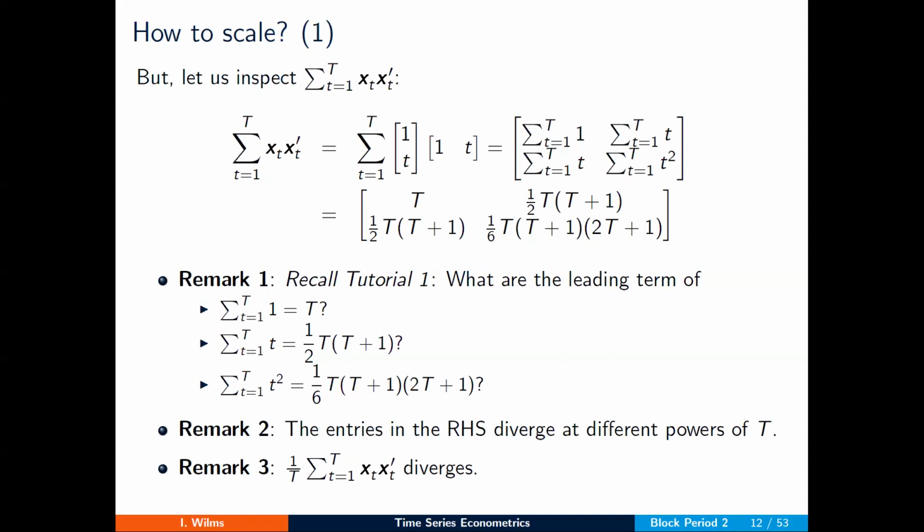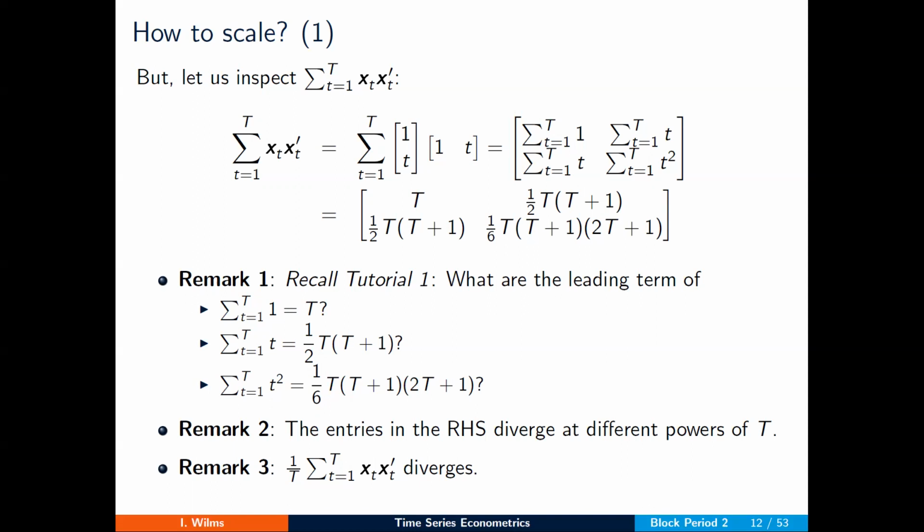Let us write out what x_t is, namely the vector with a 1 for the constant, and the time trend. If we carry out this matrix multiplication, we get a sum of 1s as the first entry, in the bottom left and top right a sum of t's, and for the bottom right entry a sum of t squared.